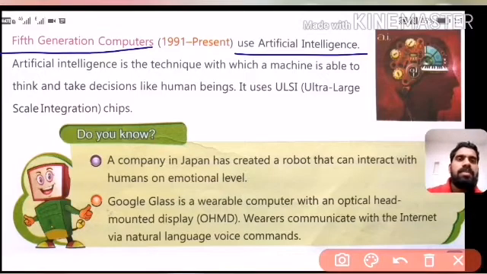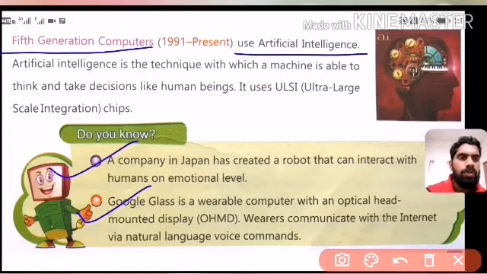So here are some tips. A company in Japan has created a robot that can interact with a human on an emotional level. And the next, Google Glass is a wearable computer with an optical head mounted display.